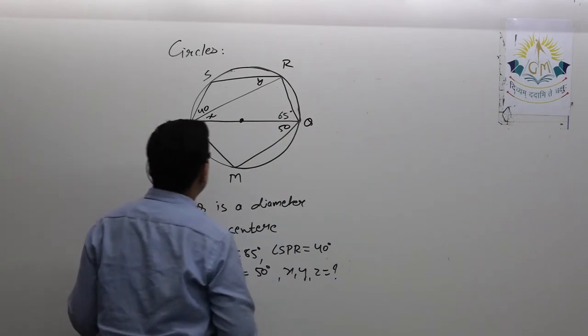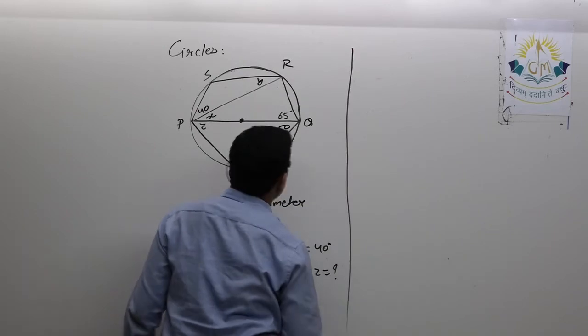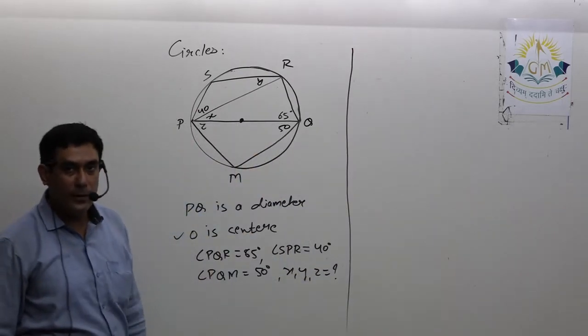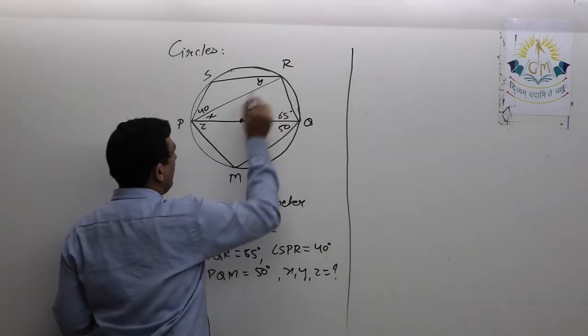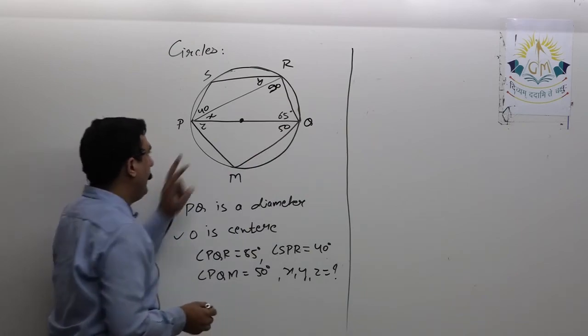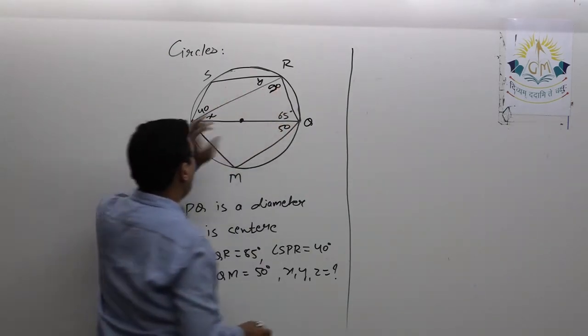Okay, so see, PQ is a diameter, and we know that the angle subtended by a semicircle is 90 degrees. PQ is a diameter, so angle PRQ will be 90. It is the angle subtended by diameter PQ.